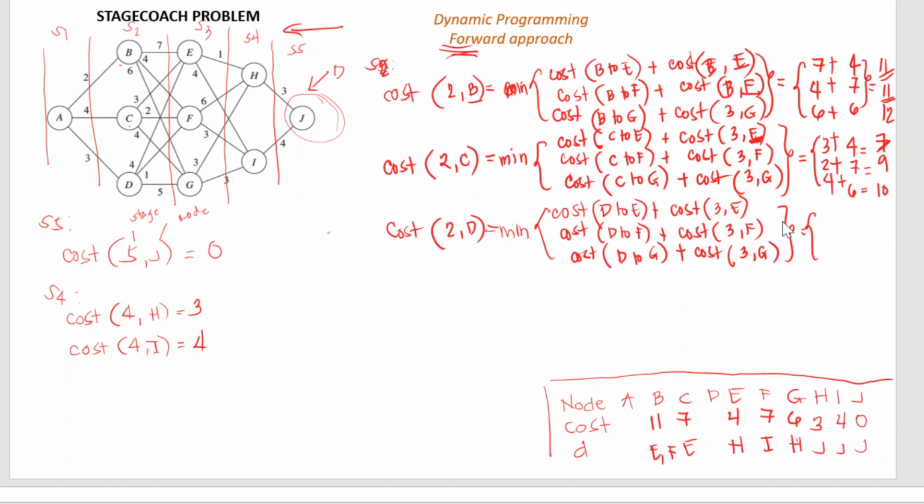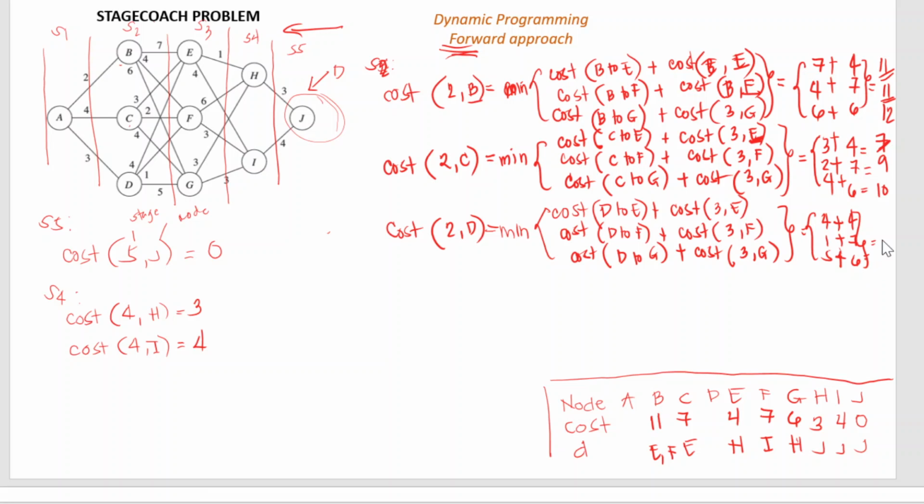Okay, so getting the values, 4, 1, 5, that's 4, 1, 5 plus the values of EFG, which is 4, 7, 6.